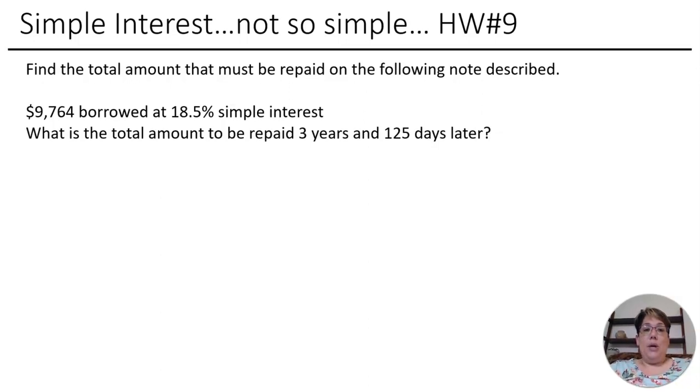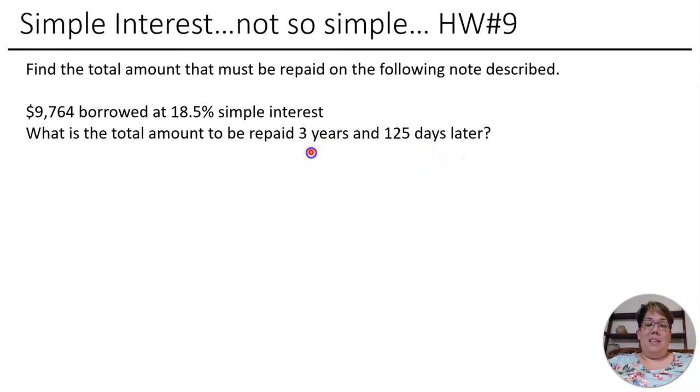Okay, so this particular example is only difficult because it has this extra part in it, 3 years and 125 days. So they gave you your time, and the time is not all in years.